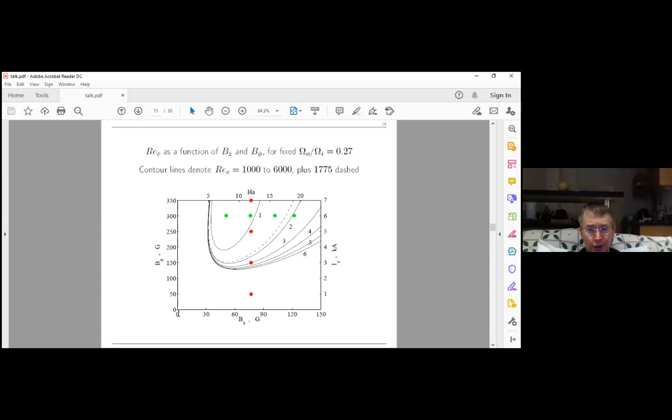Well, here again is our same sort of instability plot. First of all, the theoretical lines. Here we're plotting the axial field on that axis and the azimuthal field on that axis. And there are a few contour lines for what the critical Reynolds numbers would be.